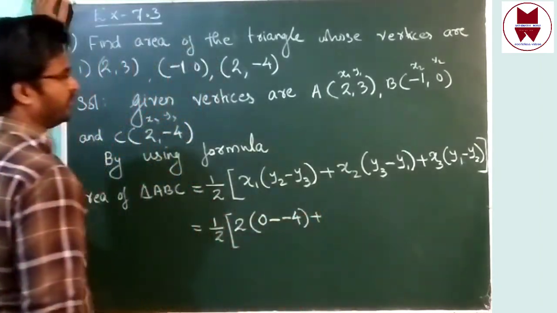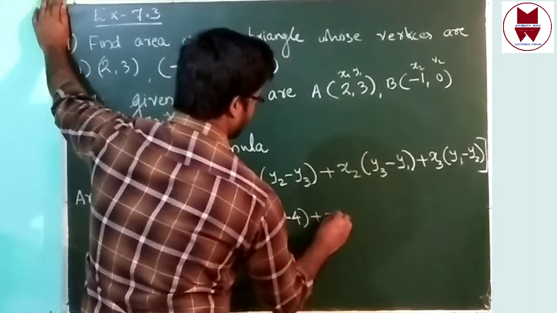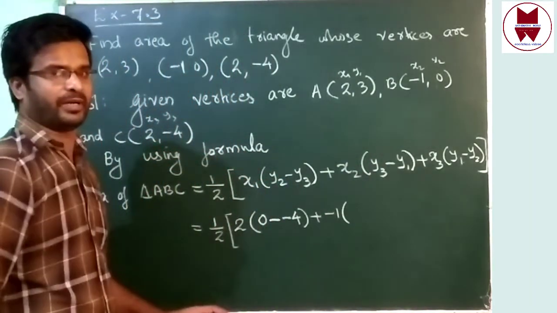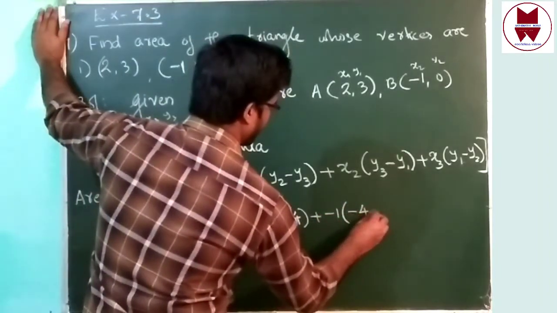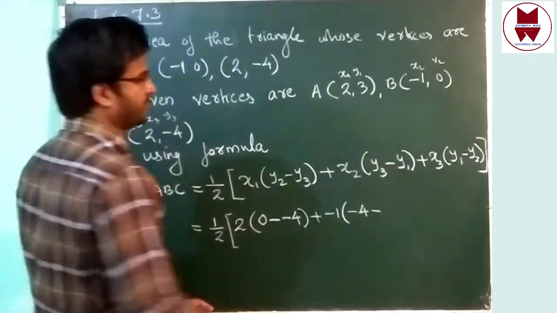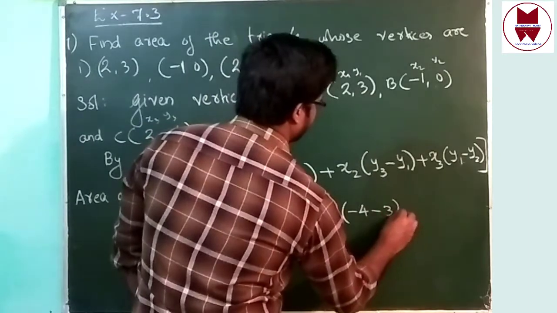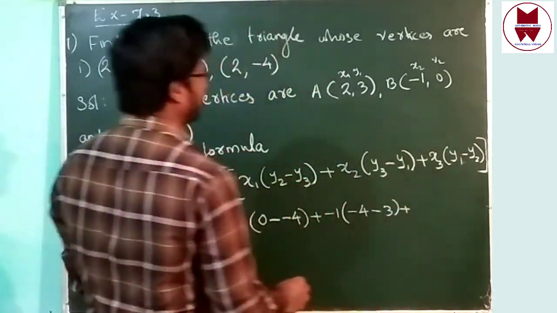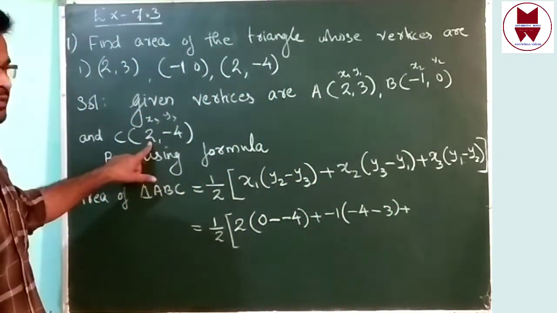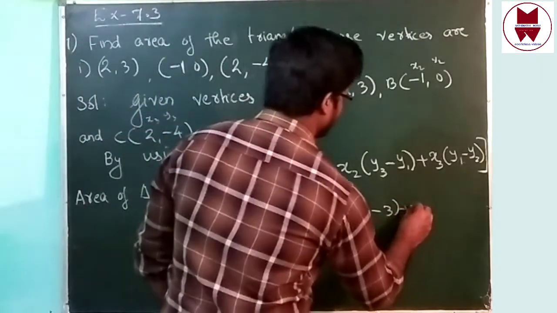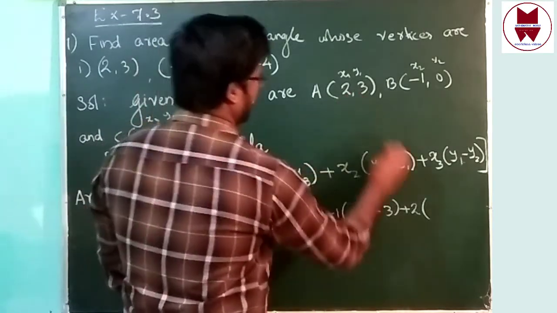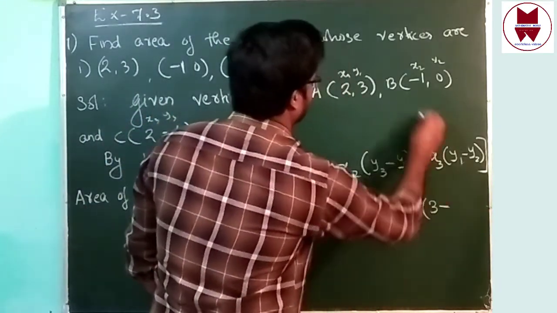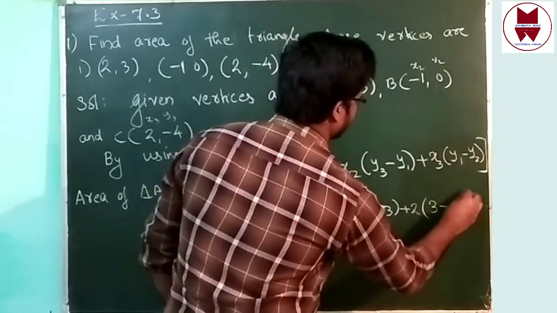Plus x2 is minus 1 into (y3 minus y1): y3 is minus 4 minus y1 which is 3. Plus x3, what is x3? x3 is 2, into (y1 minus y2): y1 is 3 minus y2 which is 0.